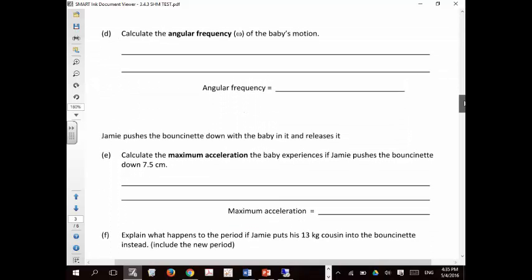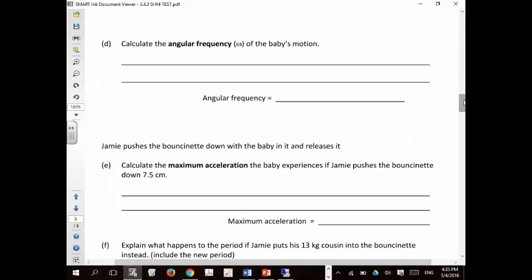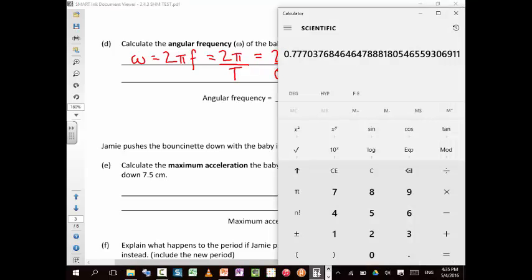Calculate the angular frequency omega of the baby's motion. Omega is equal to 2 pi f, which is equal to 2 pi over the time period, which is equal to 2 pi over 0.78.